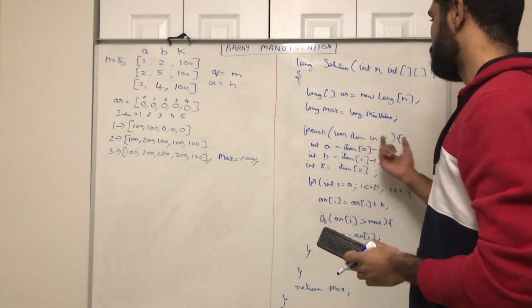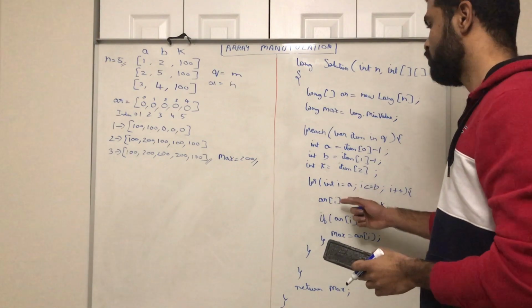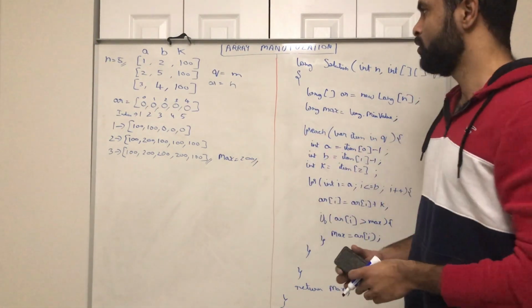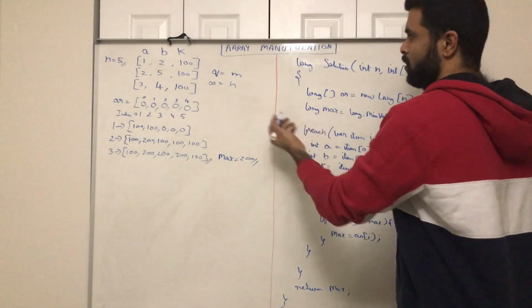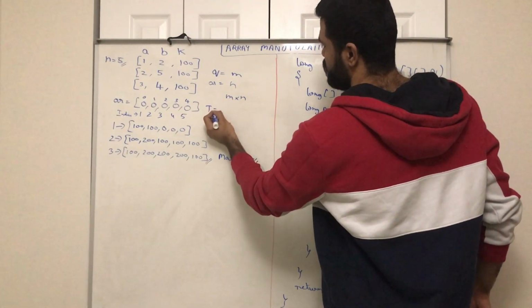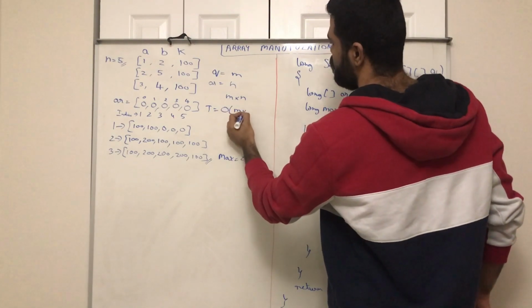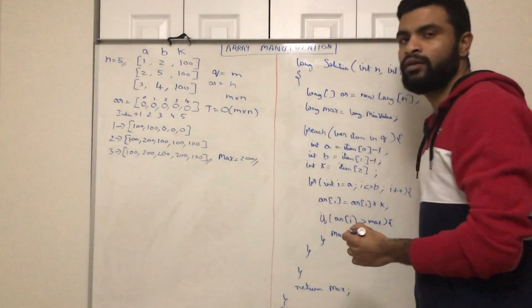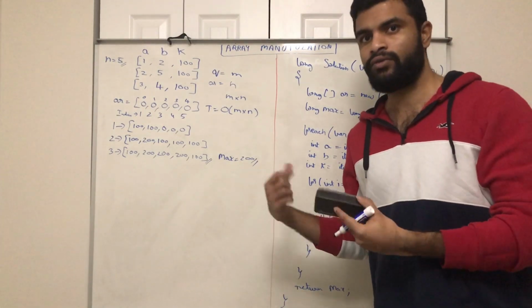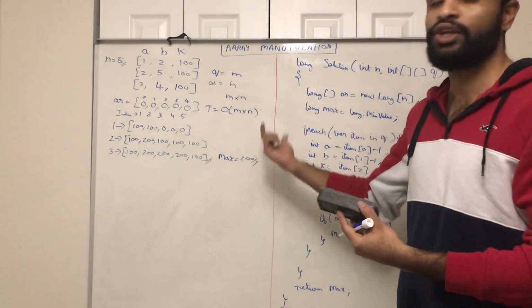In the outer for loop I am iterating all the queries, and in the inner for loop again I am iterating n items in the worst case. So that is nothing but m into n. So total time complexity is big O of m into n. Okay. As I'm having an inner for loop, it is a product.